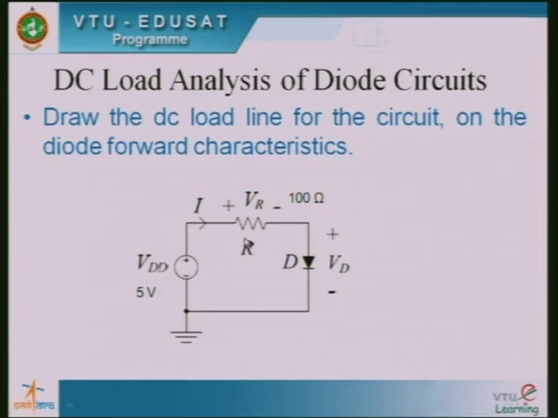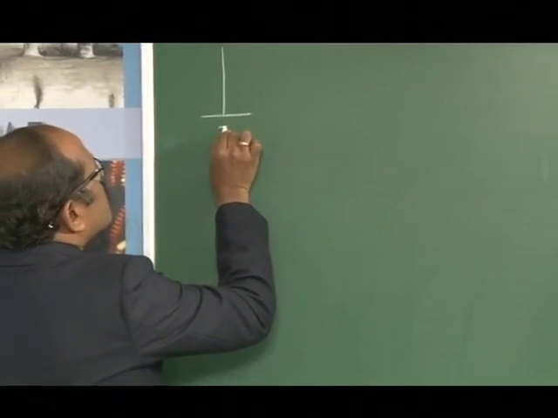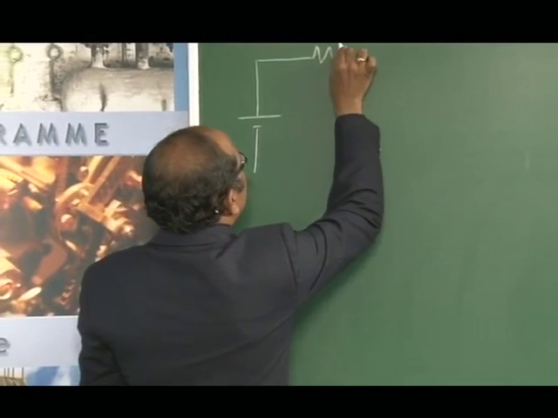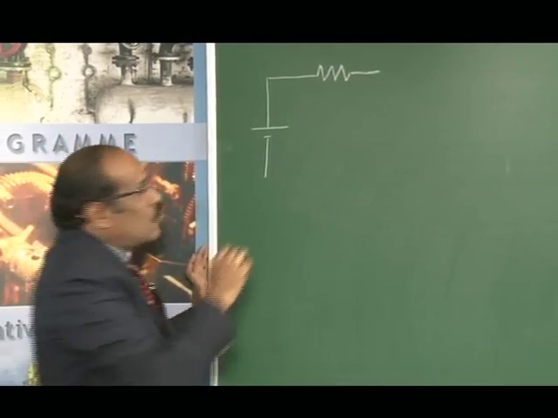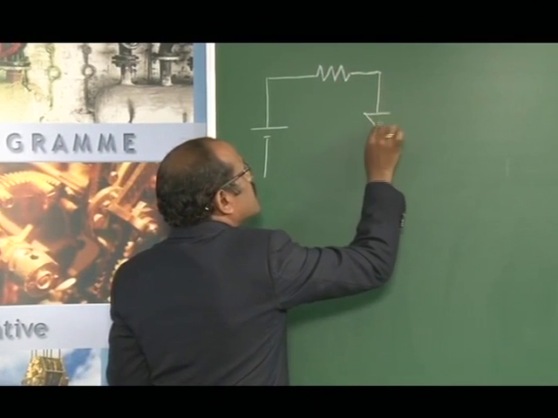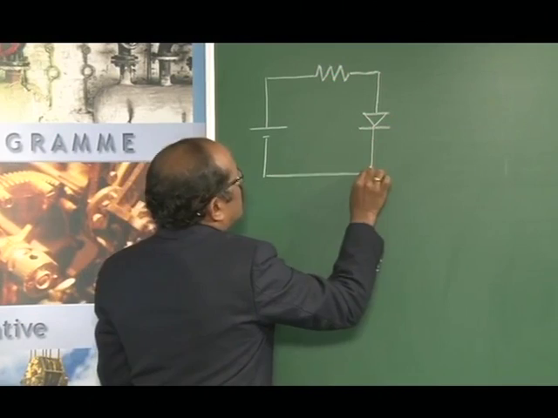Now let us take one example here. We have a DC supply in series with the load resistance, which is once again in series with a diode.